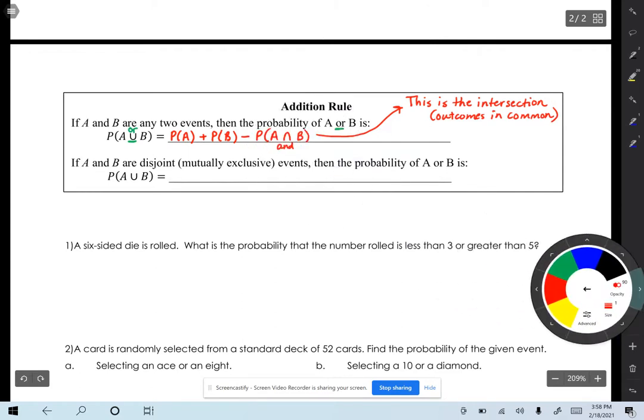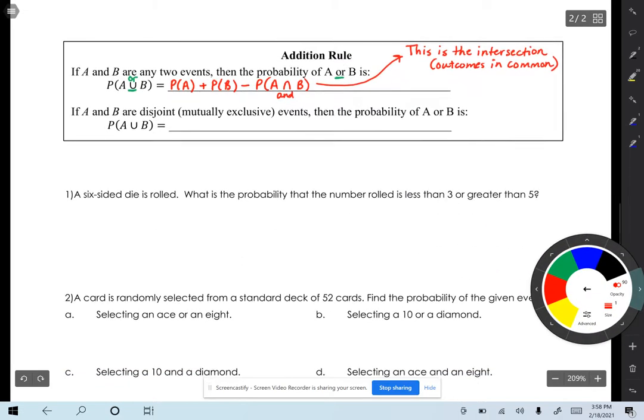Right. If A and B are disjoint, so they can't happen at the same time, it also means mutually exclusive, then the probability of A or B is, so the formula just changes up a little bit. So again, is equal to the probability of A plus the probability of B minus 0.